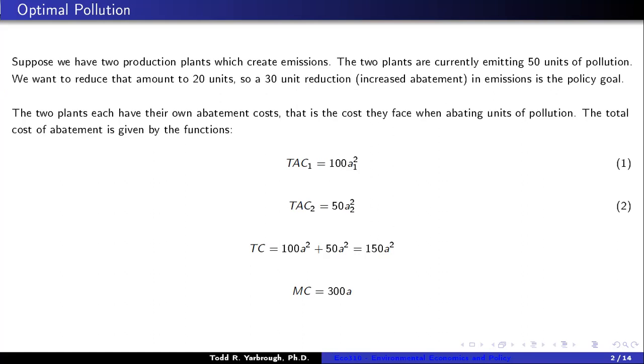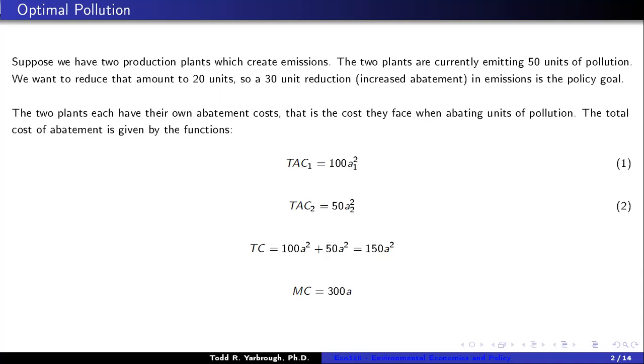For now, we're going to establish what that optimal level of abatement is, and in order to do so, we need to have the total cost for abatement across both firms. So we just take the two individual abatement cost functions and we smush them together into a single abatement cost function.